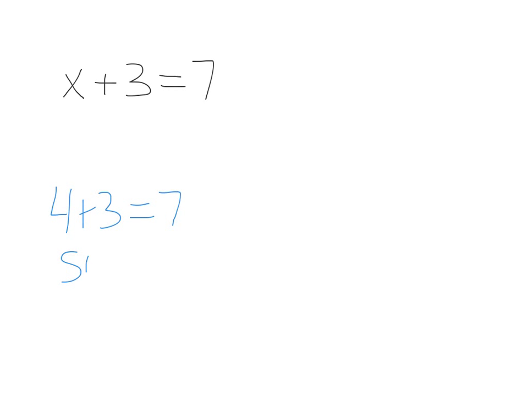Okay, here's another basic example. x plus 3 is equal to 7. Okay? Again, this might be pretty easy because you know that 4 plus 3 equals 7. So, x equals 4.